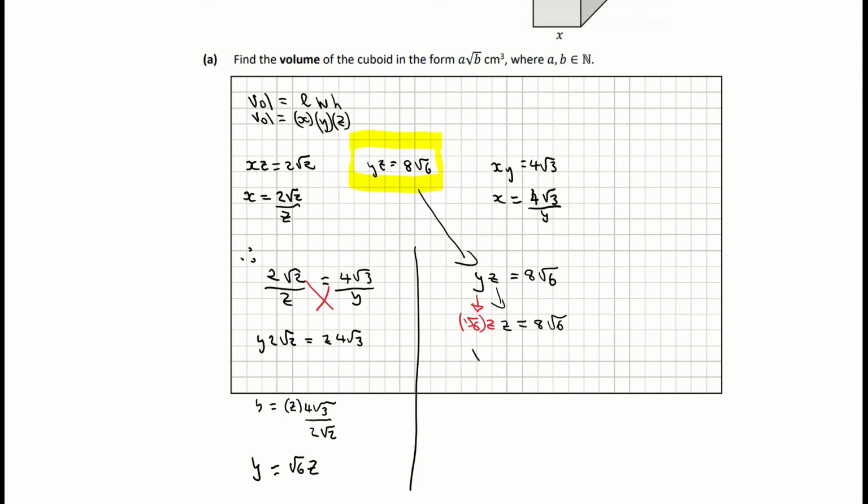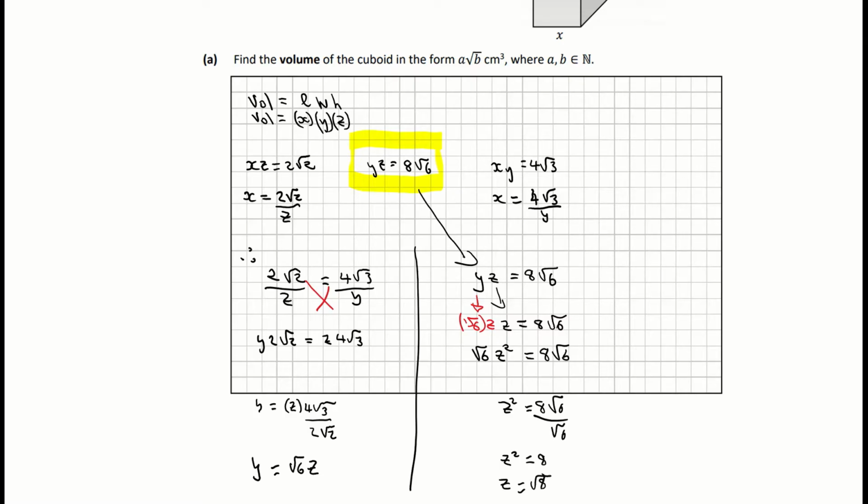That's giving me root 6 z squared is equal to 8 root 6. To get z squared on its own, I'm going to divide across by root 6. So 8 times root 6 all over root 6. Root 6 divided by root 6 is just 1. So z squared is equal to 8. And then my final solution for z is going to be the square root of 8.